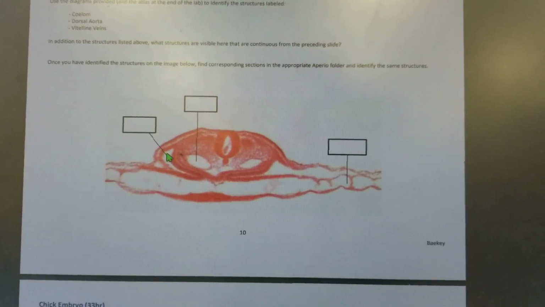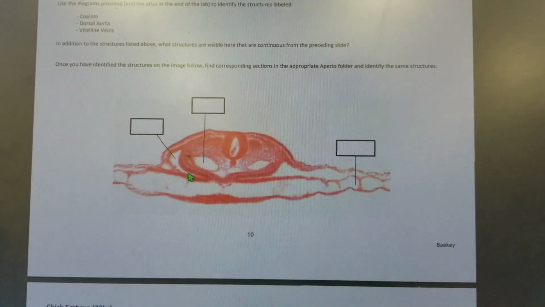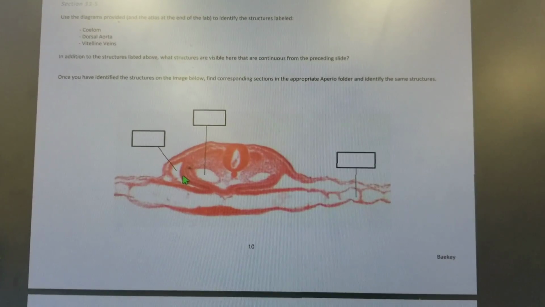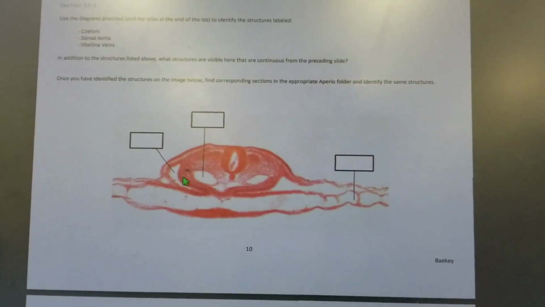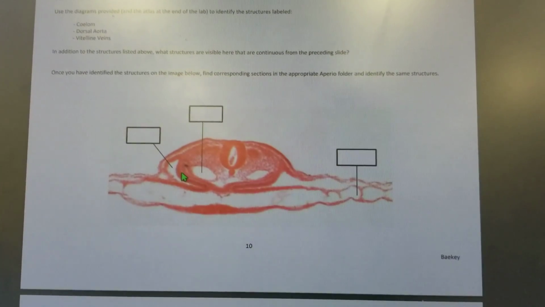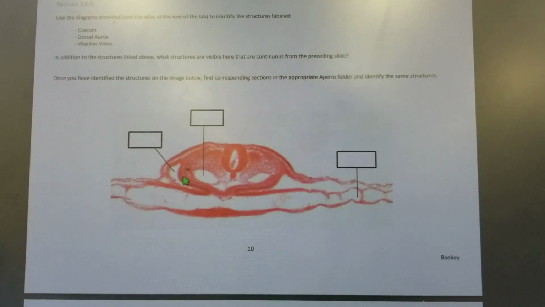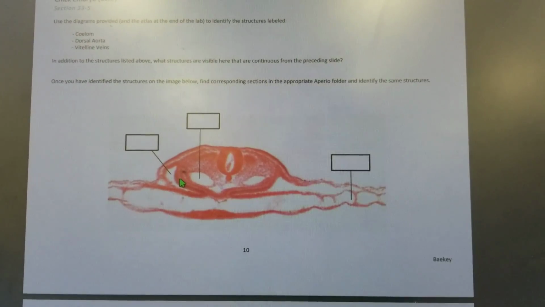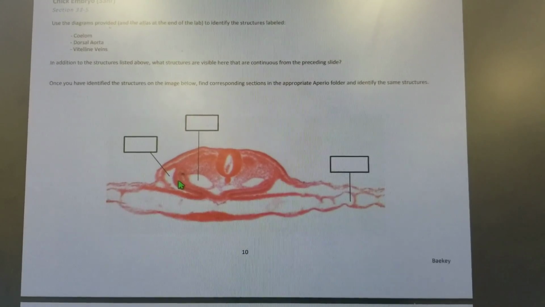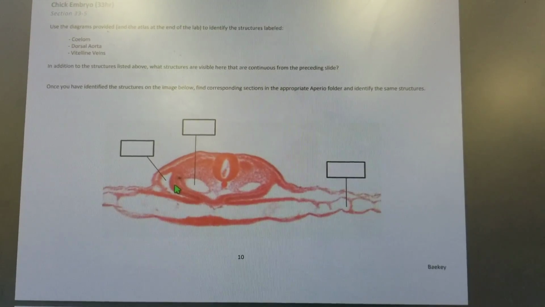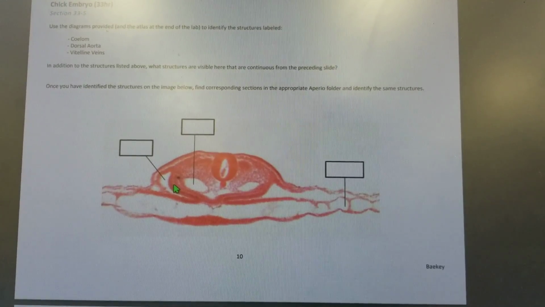And then what's this over here? This is the beginning of one of the spaces. We refer to those spaces as coeloms. It's going to be important to understand which are the extra-embryonic and the intra-embryonic coeloms. The reason being is the extra-embryonic coelom will get bound by those structures that we will refer to collectively as the fetal membranes or the extra-embryonic membranes, like the chorion and the amnion, okay?